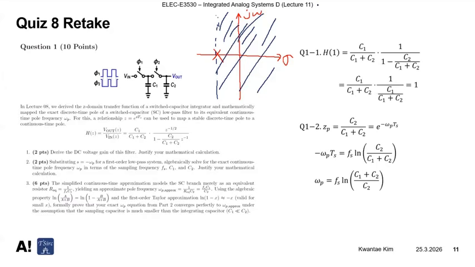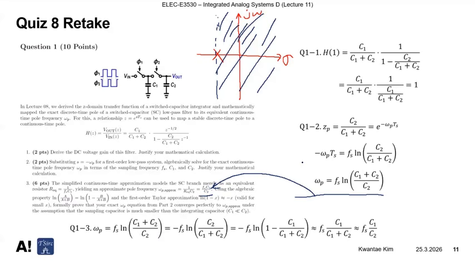And when we derive it, then we get Fs C1 over C2. So can we go from here to here? Yeah, so this is the question. The last part of question 1 was just to prove that we can go from here to there and use these mathematical expressions. So it is quite straightforward.